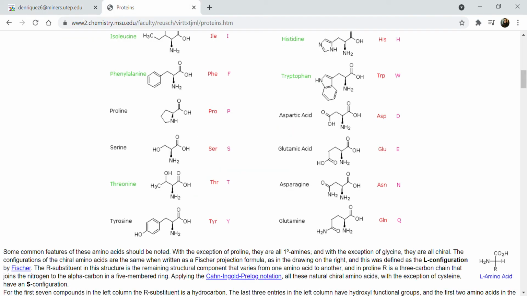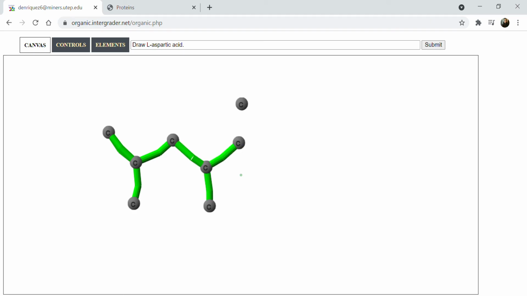Okay, last one, aspartic acid. So I see it right over here. So that's all we're gonna draw. Okay, I've got my carbonyl, carboxylic acid actually. And then this is gonna be a nitrogen down here, and then I have another one. Okay, I'm gonna change a bunch of things to oxygen and nitrogen.